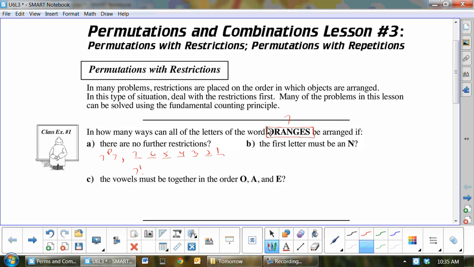If there's 7 objects and I get to use only 3 of them, is that a restriction? It's not a restriction. That is 7P3, or 7 times 6 times 5. A restriction is when one of the blanks you put rules on. If I'm only allowed to pick 3 of them, that's not considered a restriction, okay?